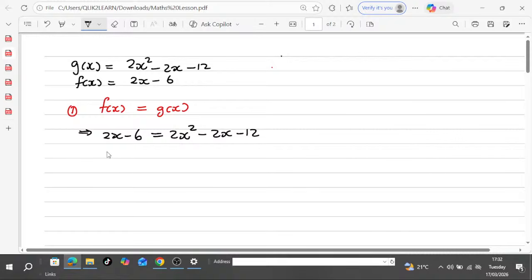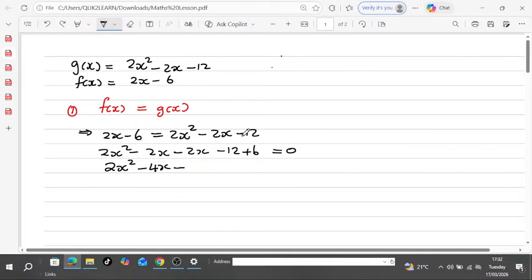So this is 2x squared minus 2x; the 2x comes to the other side to be negative 2x. Then we still have minus 12 plus 6. The 6 comes to the other side to be positive. Remember, this is equated to 0 now. Let's add the like terms. This is 2x squared minus 4x minus 6, equal to 0.